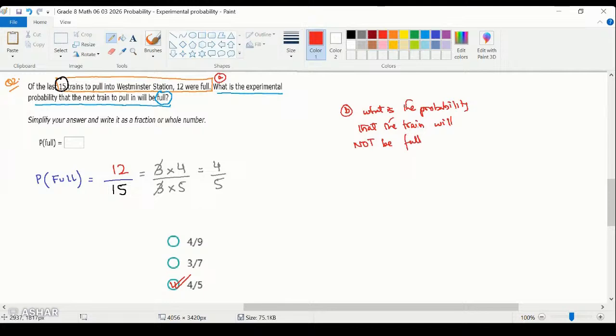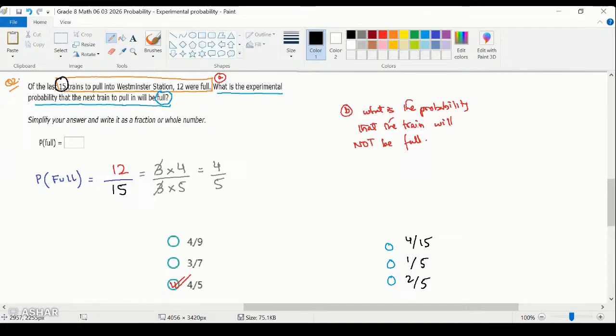Okay, I'll just make a few options over here. Can I say 4 upon 15, 1 over 5, or 2 over 5?